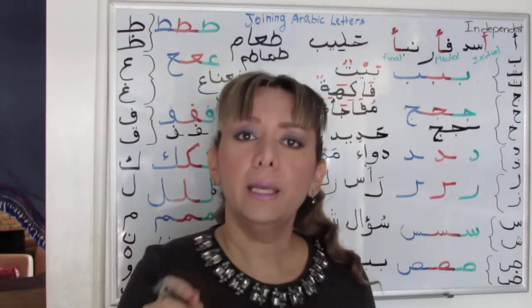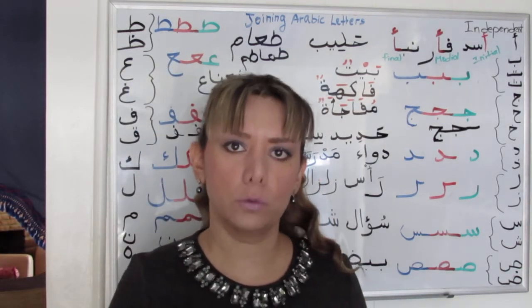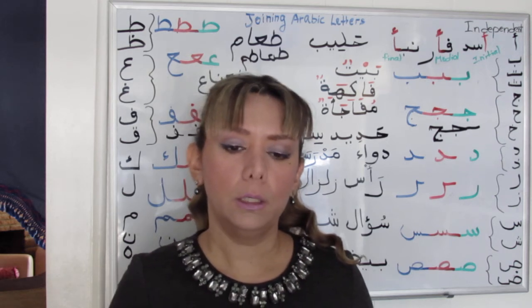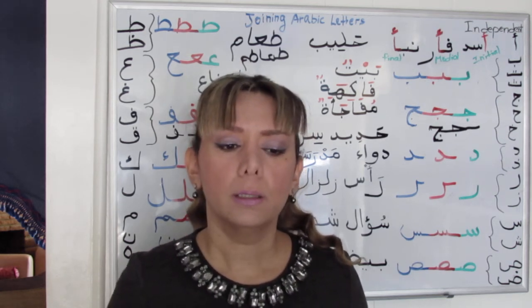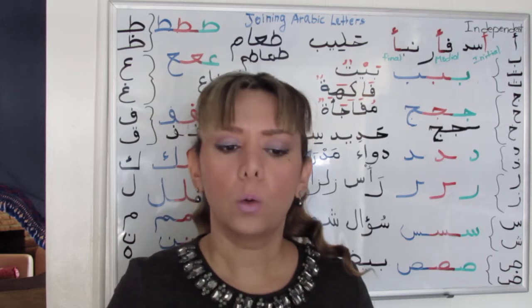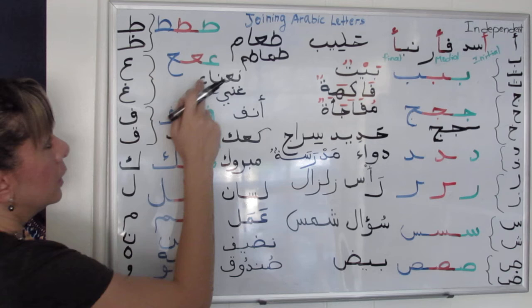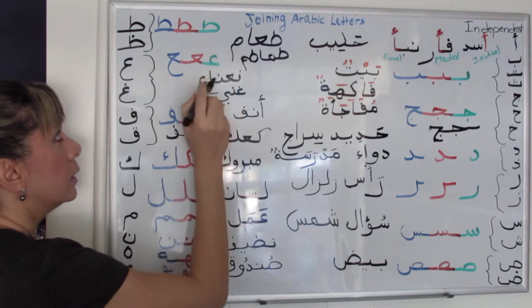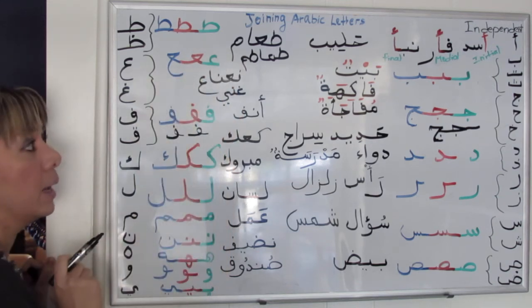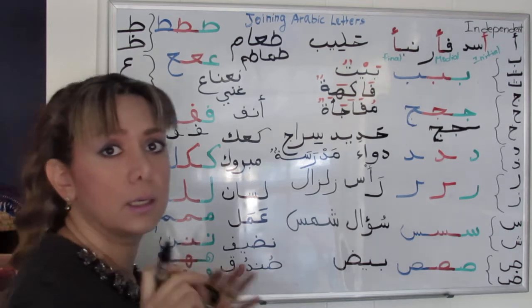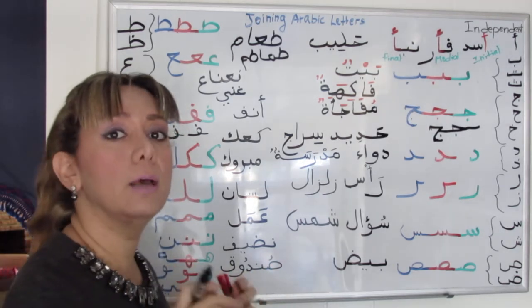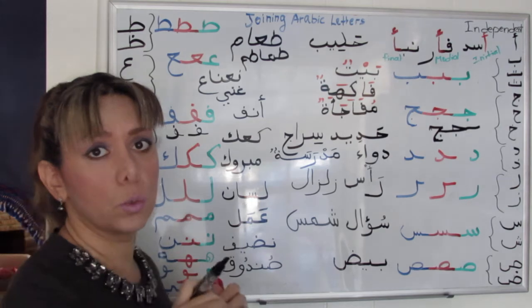The letters ain and ghain are difficult to spot in a written format because they change their shape quite substantially. Ain, here in the beginning it looks like hamza, but don't mistake it for hamza because hamza can never be connected this way.